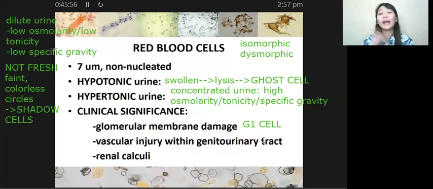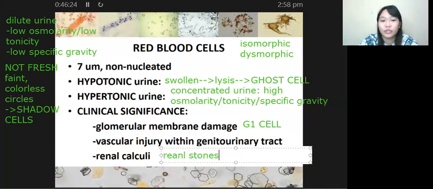So another clinical significance of your red blood cells is if there is vascular injury within your genitourinary tract. One good example of a possible cause of vascular injury is in the presence of your renal calculi. Take note na pag sinabi nating renal calculi, we are referring to your renal stones.